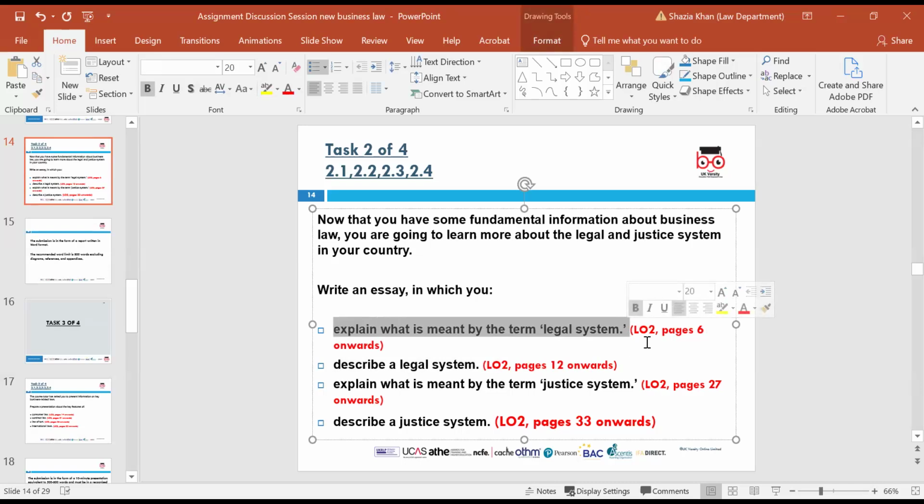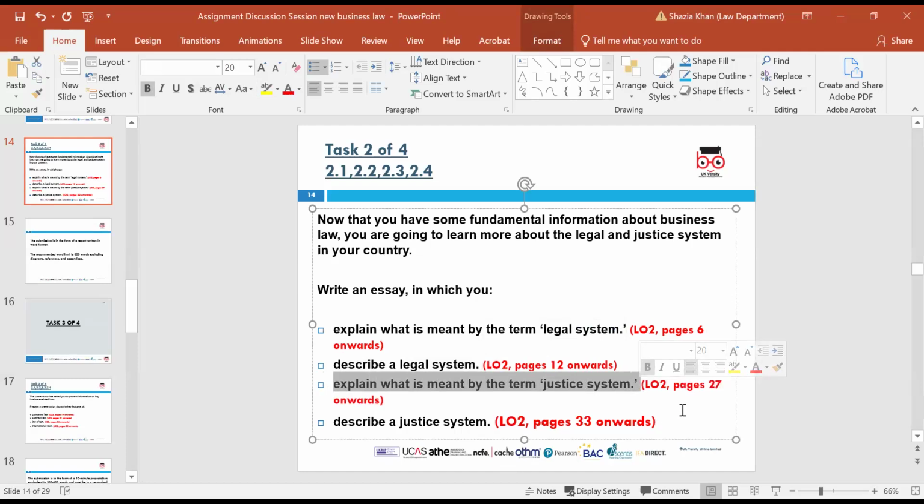That is available on Learning Outcome 2 slides, pages 6 onwards. You've got to describe a legal system, Learning Outcome 2, pages 12 onwards. And then you've got to explain what is meant by the term justice system, Learning Outcome 2, pages 27 onwards. And then finally, you've got to describe a justice system, which is Learning Outcome 2, pages 33 onwards.